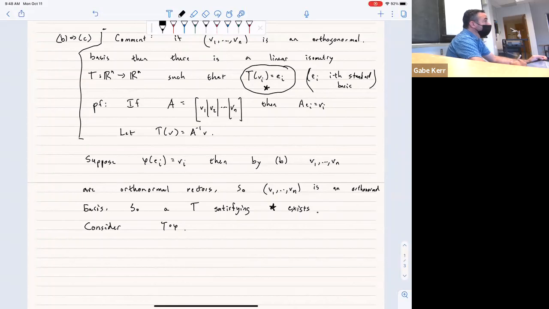If you have two isometries and you compose them, that's an isometry. You can prove that very directly from the definition. But it kind of makes sense: you preserve distance, and you do something else that also preserves distance, in sequence. This is an isometry.